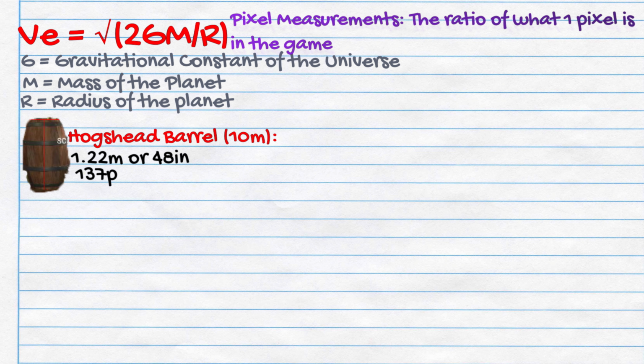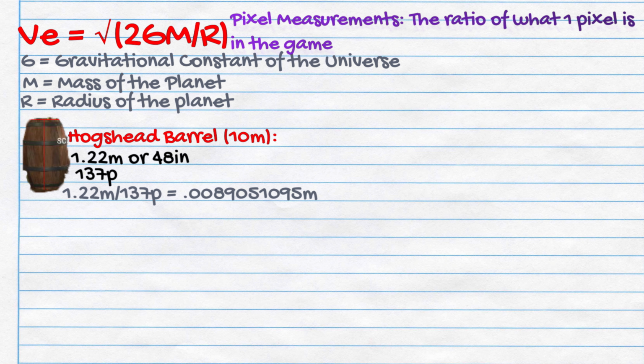So 1.22 meters in height in real life and 137 pixels from 10 meters. We divide our 1.22 by our 137, and we get a single pixel being equal to 0.0089051095 meters.